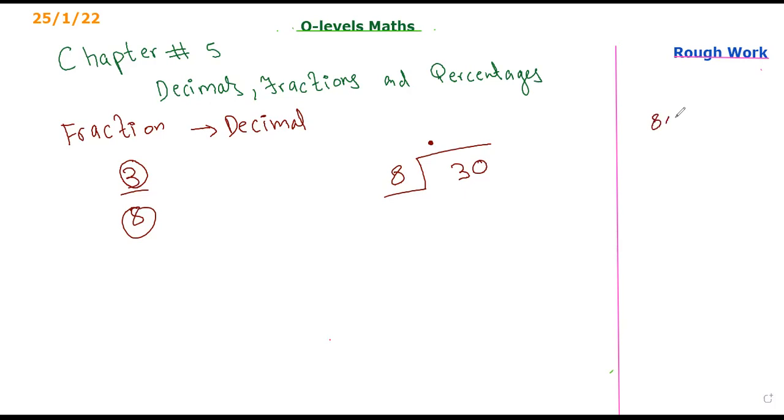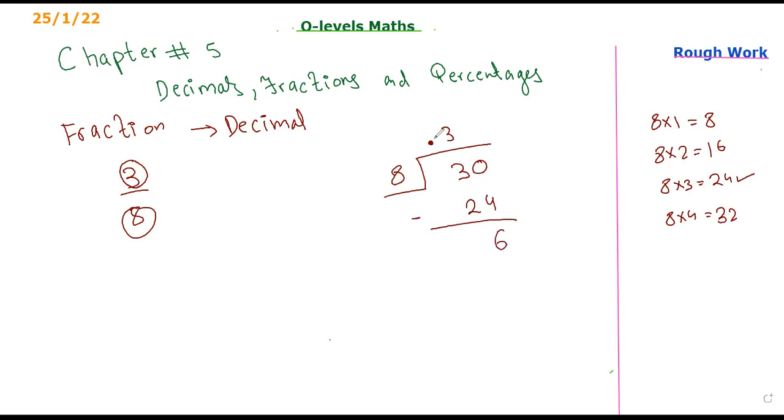8 into 1 is 8. 8 into 2 is 16. 8 into 3 is 24. And 8 into 4 is 32. So this is good for us, right? We can write 3 here and we will have 24 here. What do we get after the difference? We get 6. Again, we have the decimal, so we can write 0.